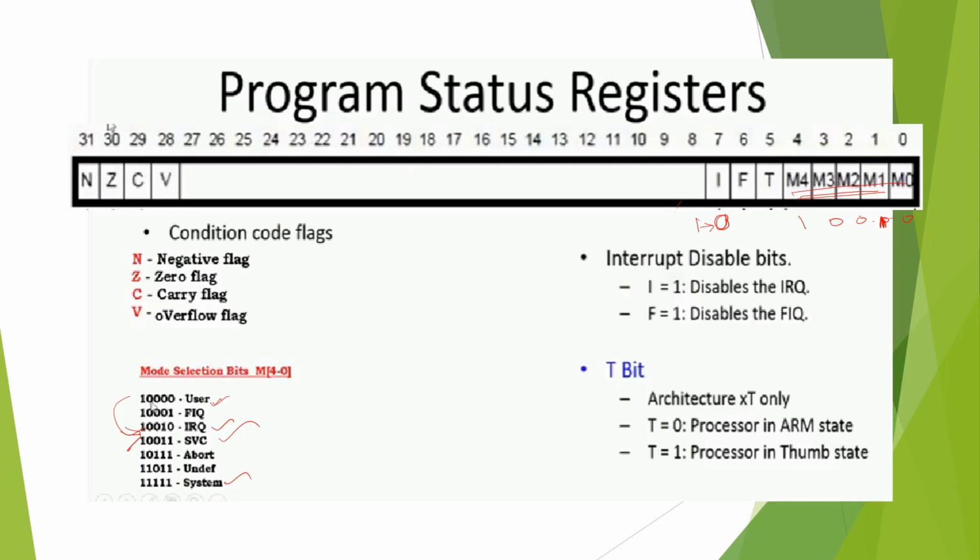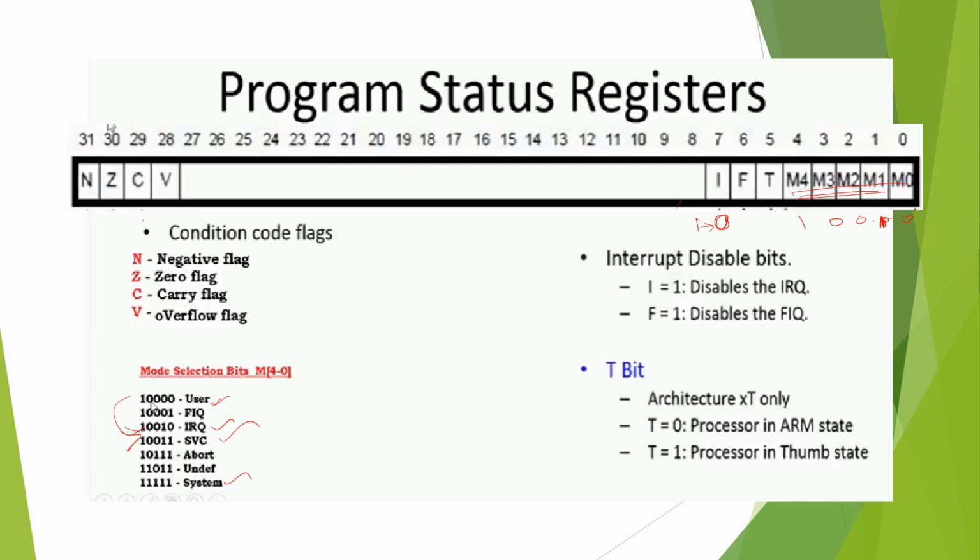And see here in the MSB section, you will have condition code flags. N represents negative flag, Z represents zero flag, C represents carry flag, and V represents overflow flag. So depending on the condition, the operation will be executed. Suppose you are adding, carry is set, then C is equal to 1.